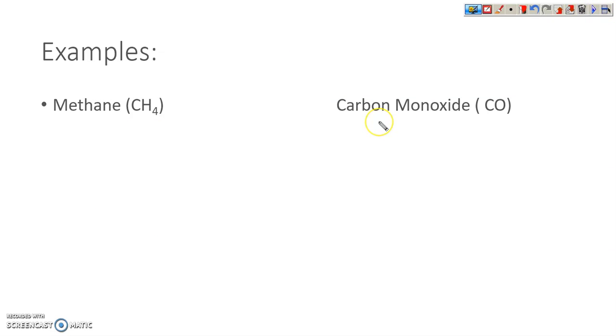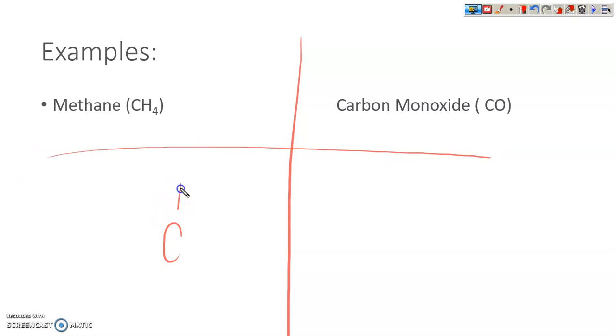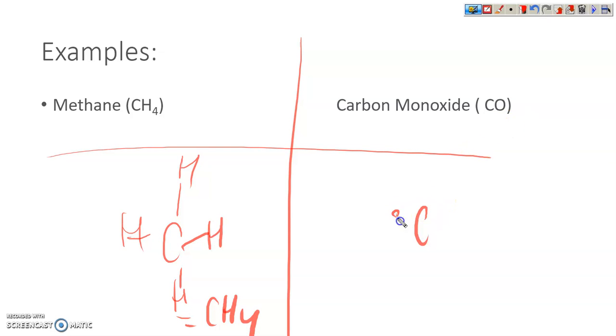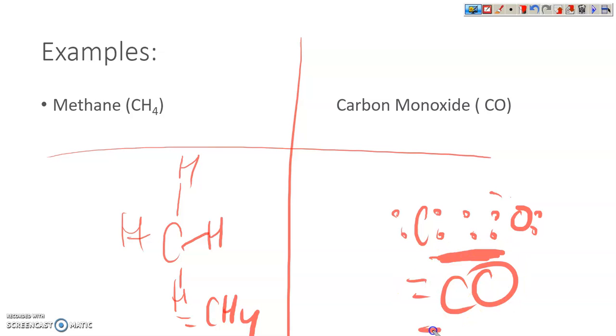So C, H, H, H, and H. Now they will make the compound CH4. And here carbon has 6 electrons and oxygen has 6. Here they are sharing, so it will make the compound carbon monoxide. You should remember this. These examples are so easy.